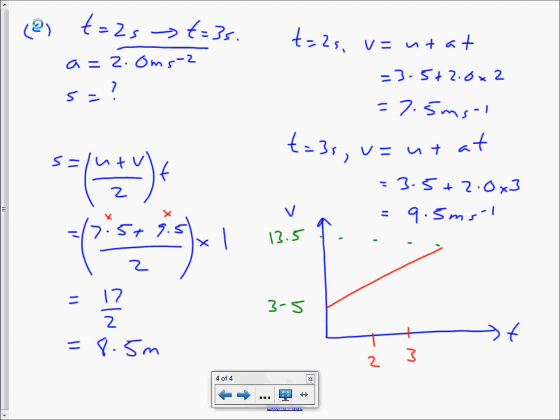There's our t equals 3. What we are effectively doing in terms of the graph is we're working out that area there, the distance traveled in the third second. Okay, this should equip you with enough ideas to be able then to cope with the questions in the first of the worksheets, which we'll get onto in class.